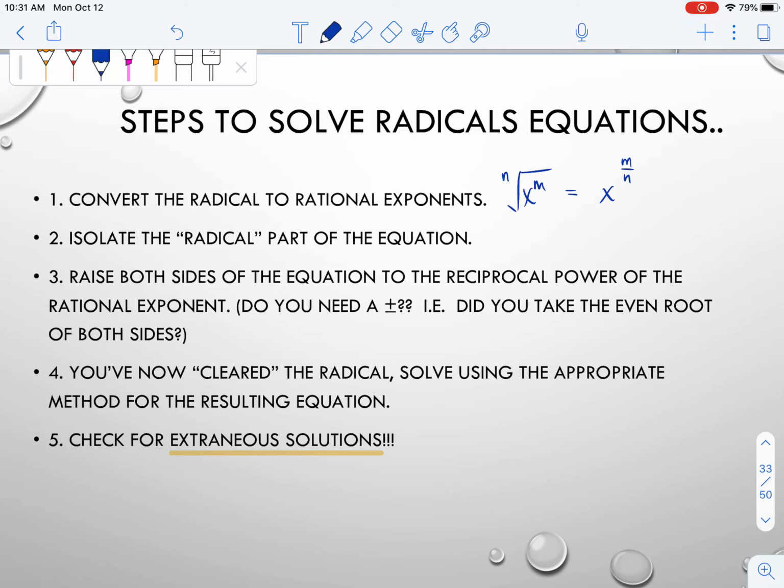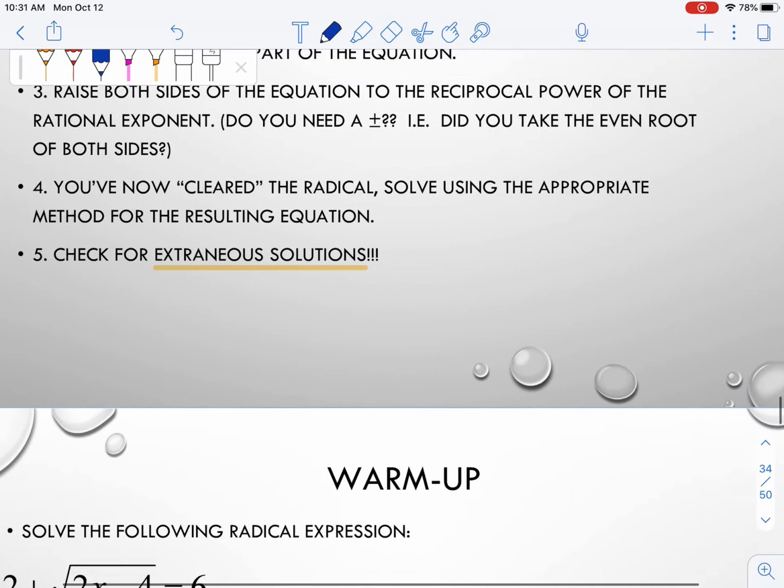We're dealing with something that's not technically a polynomial here, so it doesn't 100% follow that rule, but it kind of loosely does. When I raise the power on both sides, not always, but sometimes I introduce a solution that wasn't there before. So that's why I have to go back and make sure that all the solutions I find actually work in the original equation.